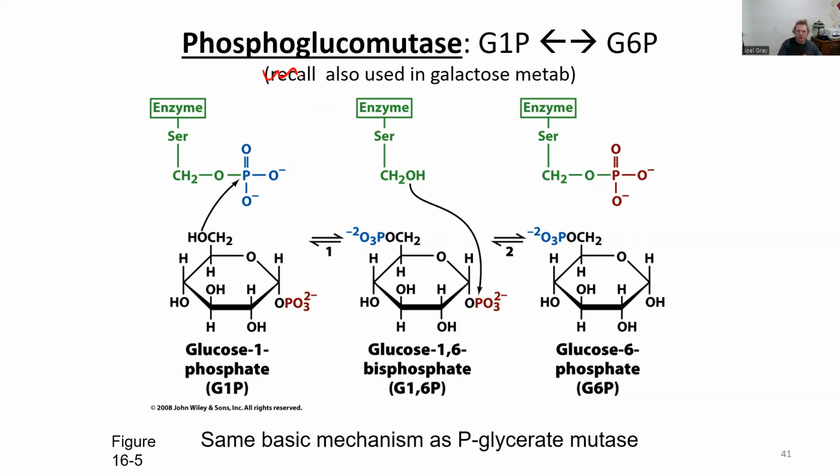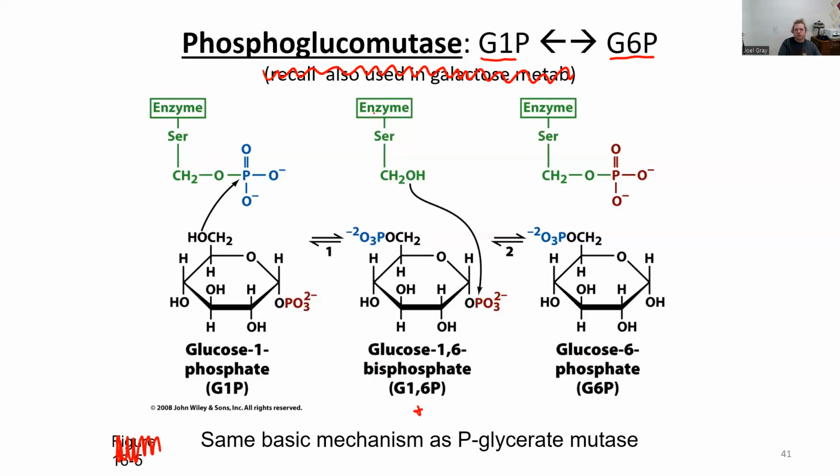The glucose 1-phosphate can be isomerized and converted to glucose 6-phosphate. In order to do that, this enzyme, phosphoglucomutase, is going to phosphorylate glucose at the 6th position, leading to this intermediate, glucose 1,6-bisphosphate.